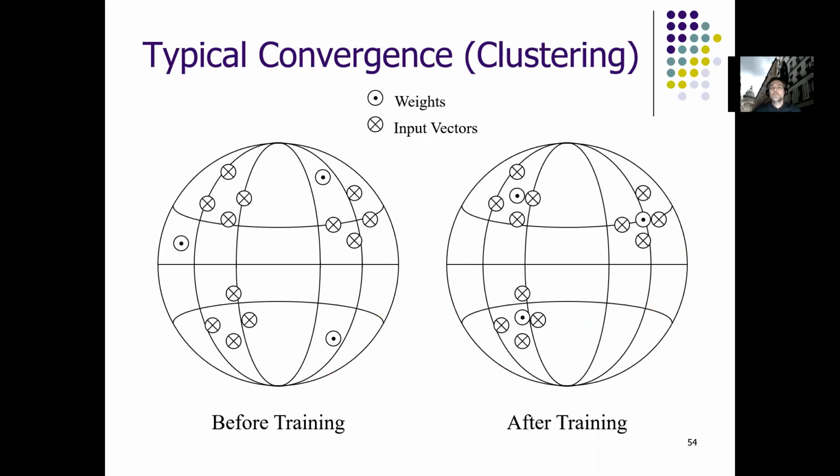So a typical example of convergence will look like in this slide. You start with some data points, represented by these crosses, and you have some initial weights. The initial weights are randomly generated. They are away from the cluster centers. As you can see, there are natural groupings in these data points. There are 3 groups. So before training, it will look like that.